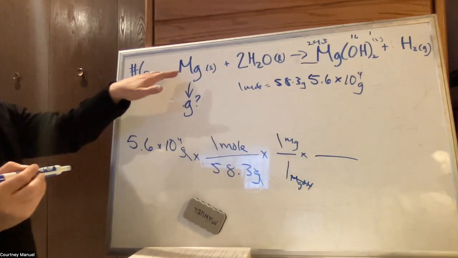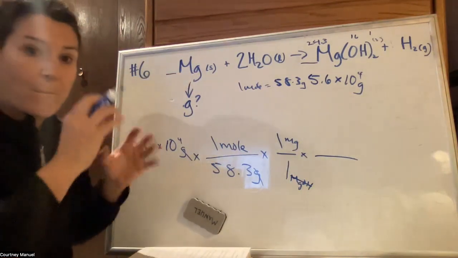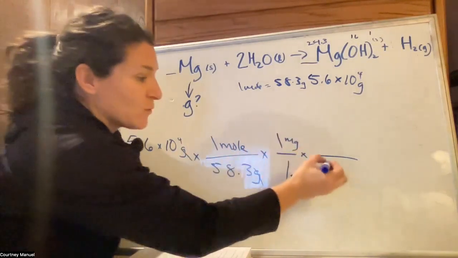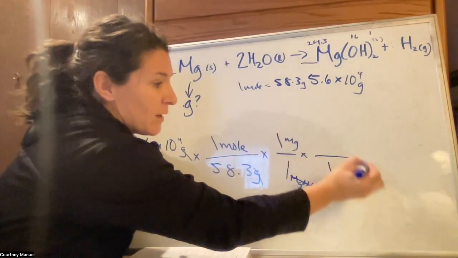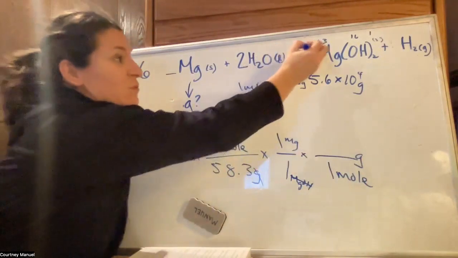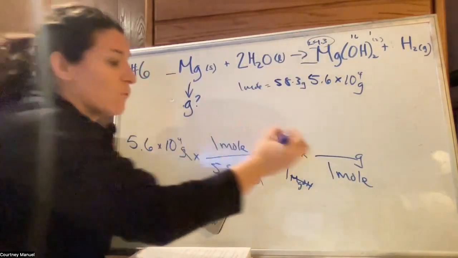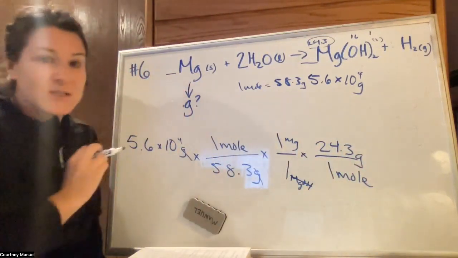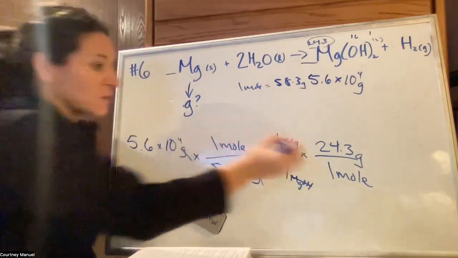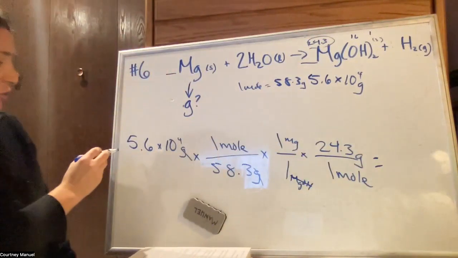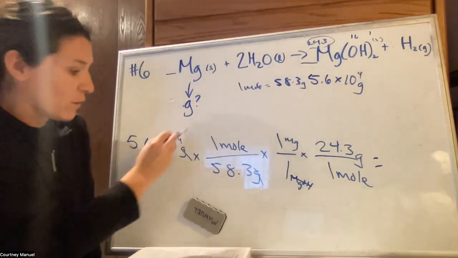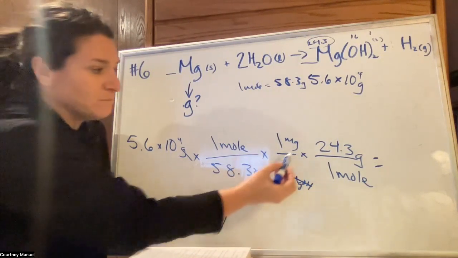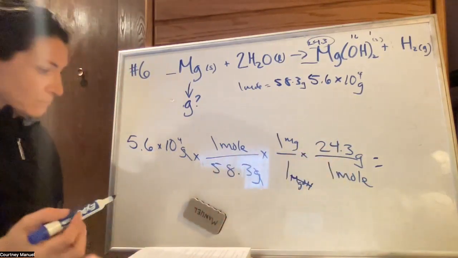And now we need to find the mole to gram ratio of magnesium. We have moles on top, so we need to put moles on the bottom and grams on top. We already know this one because we found it before. It's 24.3, but we don't add it to anything because magnesium is all by itself. So then all we're going to do is multiply this straight across. 5.6 times 10 to the 4th divided by 58.3 times 1 times 24.3.